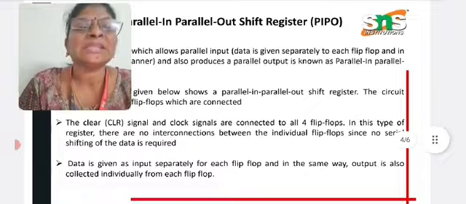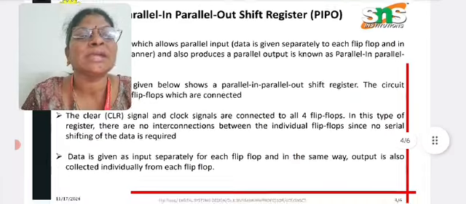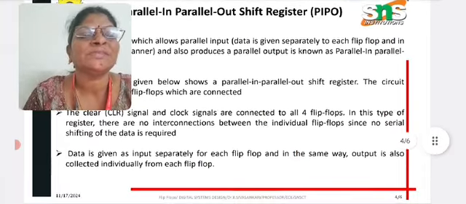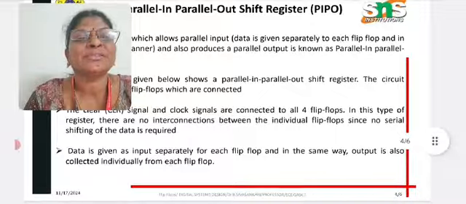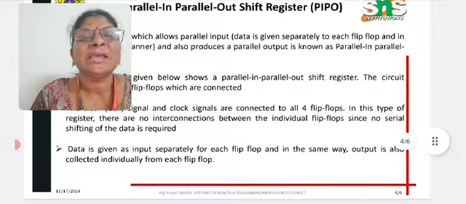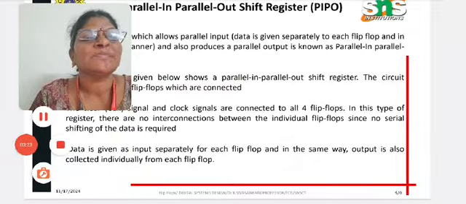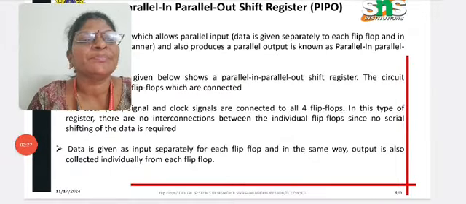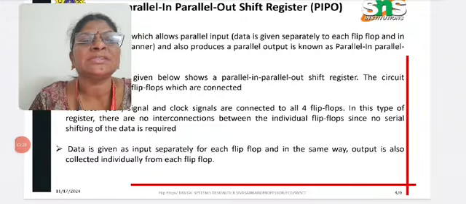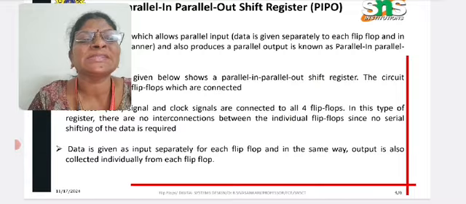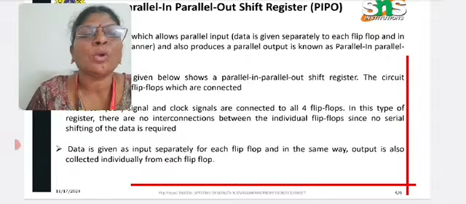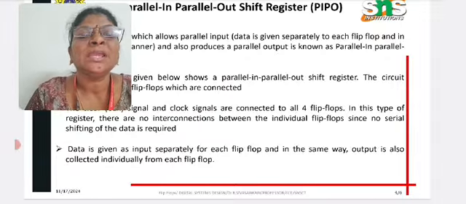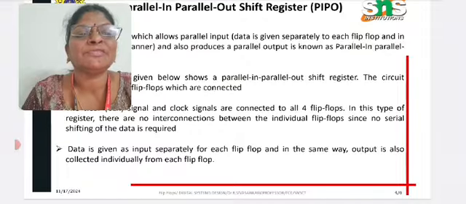The clear signal and clock signals are connected to all the 4 flip-flops. In this type of register, there are no interconnections between individual flip-flops since no serial shifting of the data is required. So the data here is given as input separately for each flip-flop, and in the same way the output is also collected individually from each flip-flop.